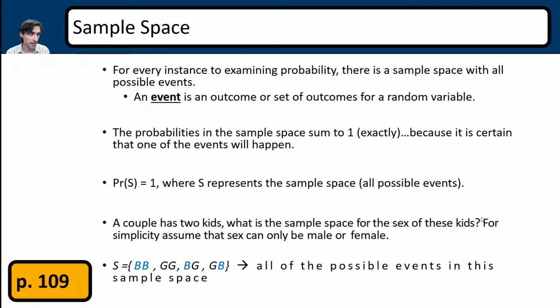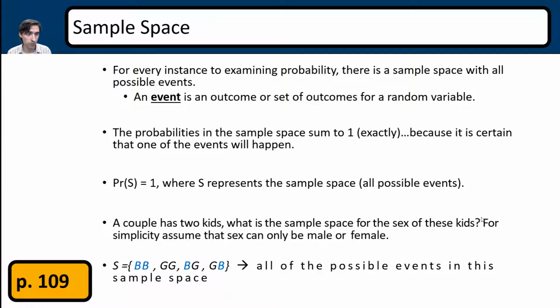Okay, the sample space is a collection of all possible outcomes for a trial. For example, let's say a couple has 2 kids. What is the sample space for the eye colors of these kids? For simplicity, we're going to assume the eye colors can only be brown and green.